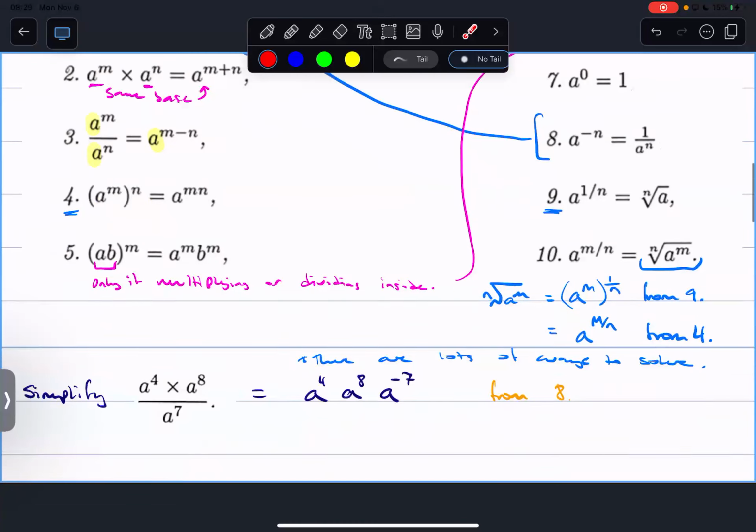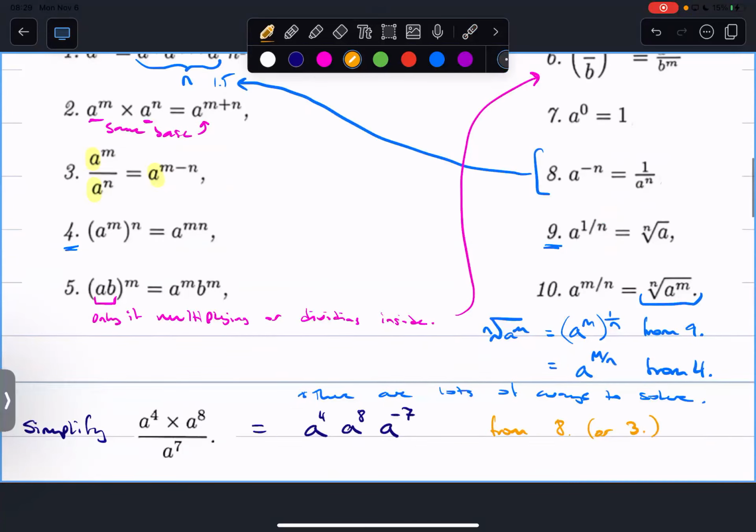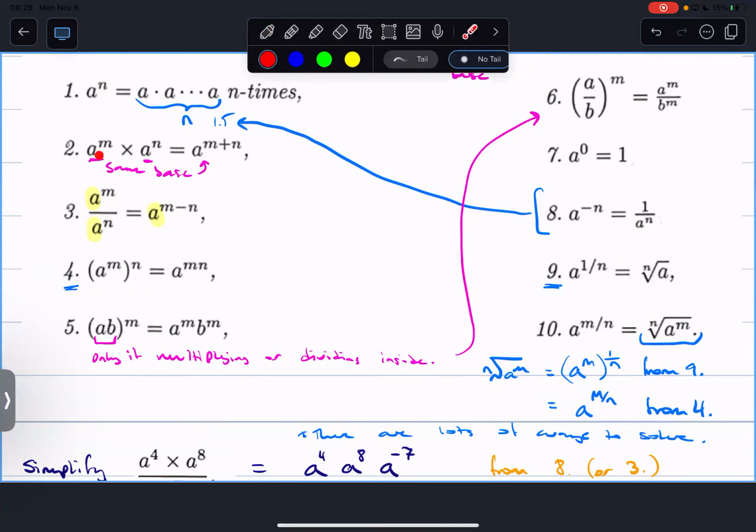So, or 3, let's do that. Nice. What it doesn't say here is that this applies to any number of a to the powers of whatever. As long as you have the same base and you're multiplying, then you're allowed to add the exponents.